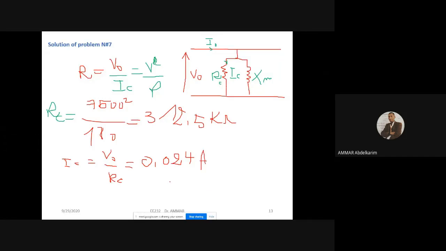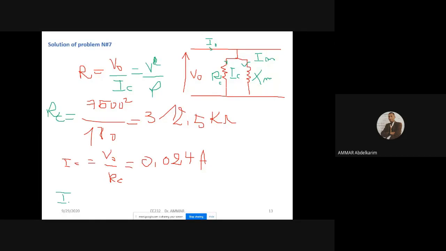In order to find XM, we need to find IM, which is the magnetizing current.